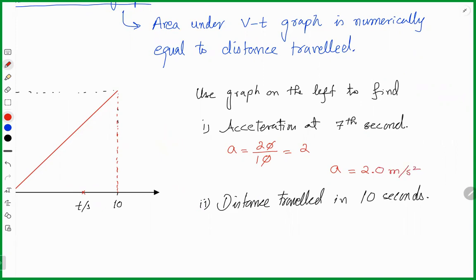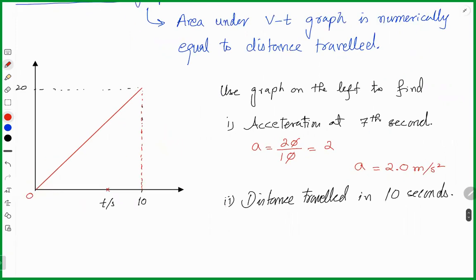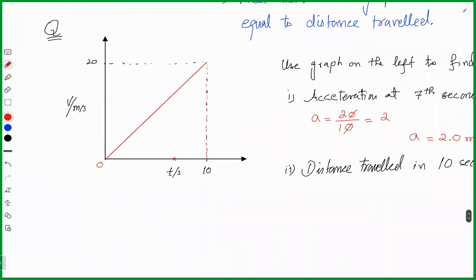Now, distance traveled in 10 seconds. What feature of a speed time graph is distance? The answer is area. This area is this. Now look at the shape of the area. When we say area under the graph, what does that phrase mean?